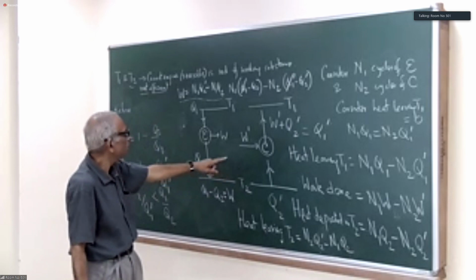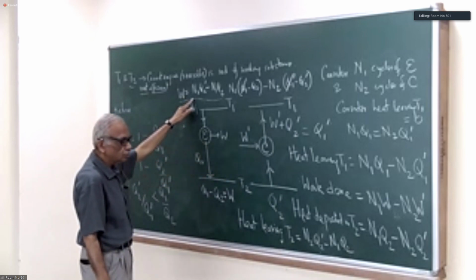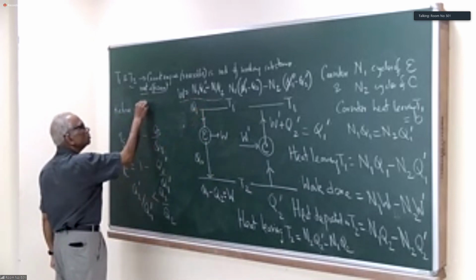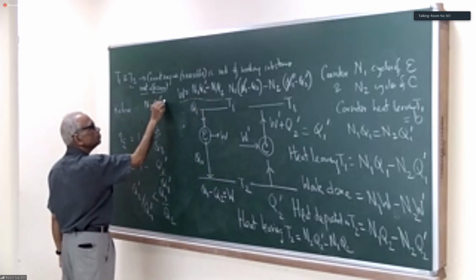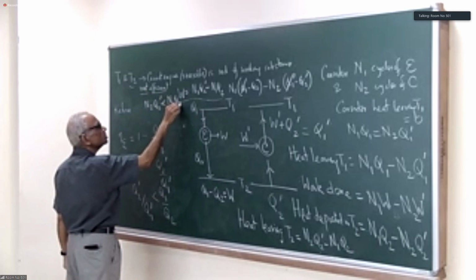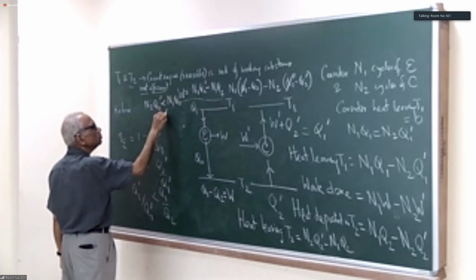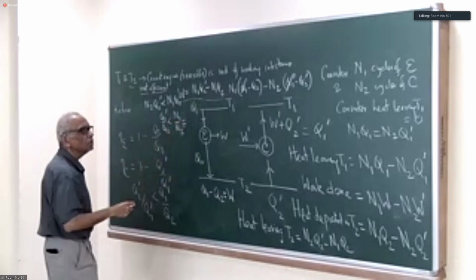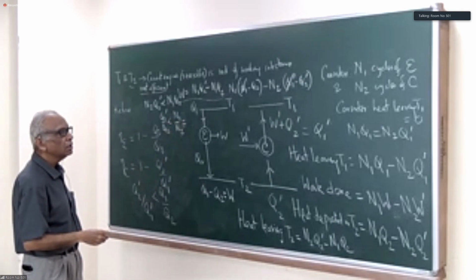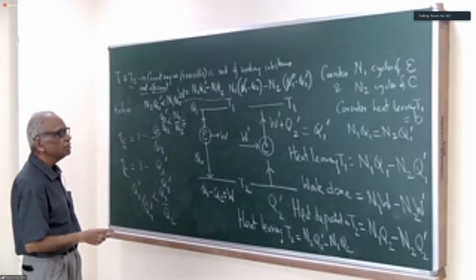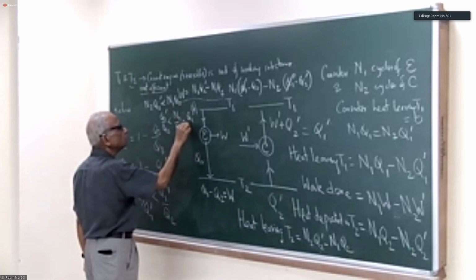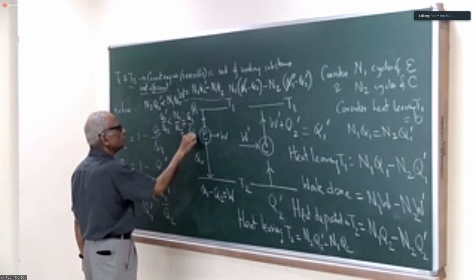So N2 Q2 prime has to be less than N1 Q2. So Q2 prime over Q2 is less than N1 by N2, which is equal to Q1 prime divided by Q1.